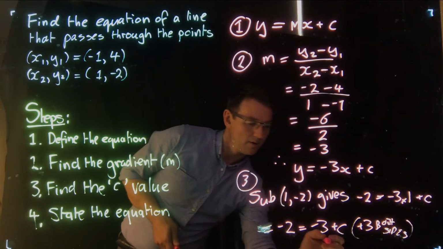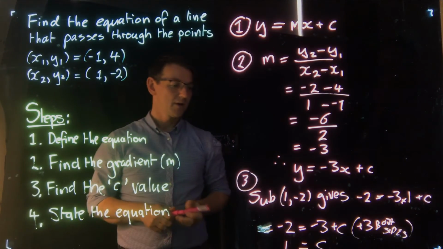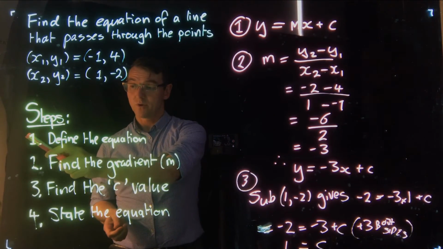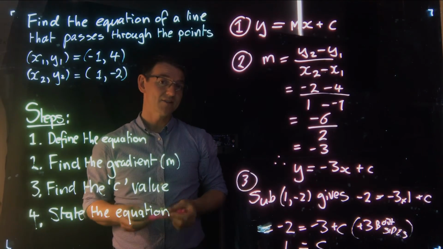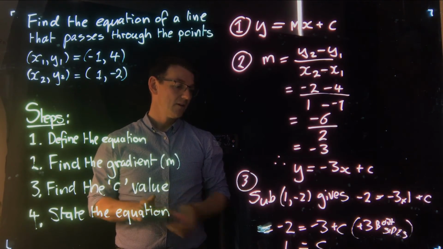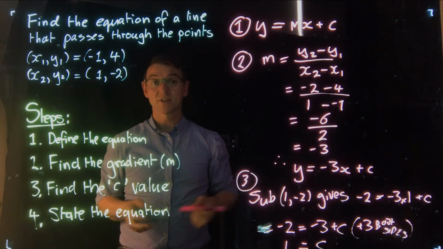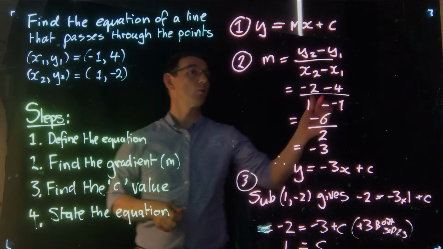That gives us 1 equals c. So we've done step 1, 2, 3, we've found our c value. And this is going to let us, with our c and our m value, help us now build our final step, our equation.